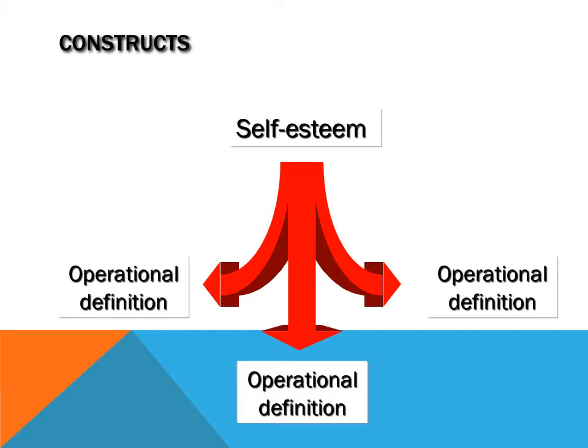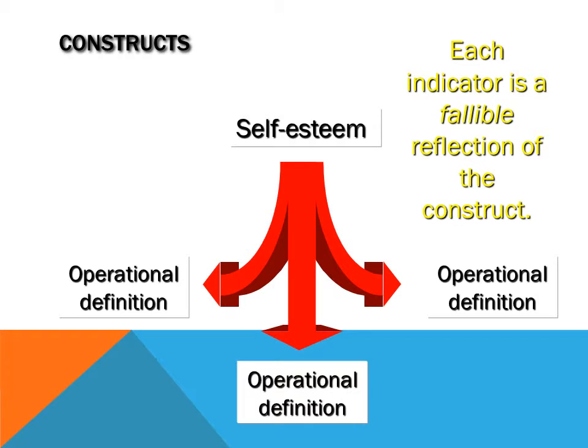Now, the point is that each of these measures, or each of these operational definitions of self-esteem, are all indicators of self-esteem, and they're all fallible indicators in the sense that some would measure self-esteem or a certain dimension of self-esteem, whereas others would not. So for instance, the social media measure and the classroom measure might measure your self-esteem in terms of your interactive self-esteem, how you are with the public.